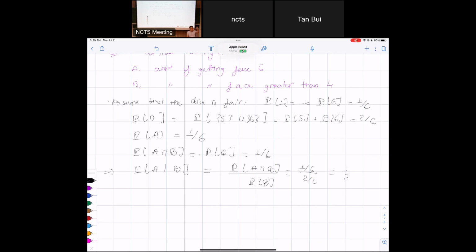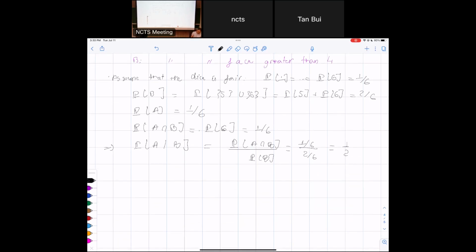Because if B has already happened, that means you have either 5 or 6. So the probability we can get phase 6, given the fact that we know that the phase is either 5 or 6, is 1/2, right? So it's not a surprise. It's actually intuitive, right? It's quite intuitive, right?